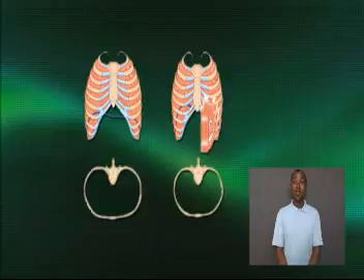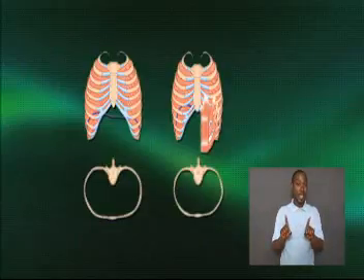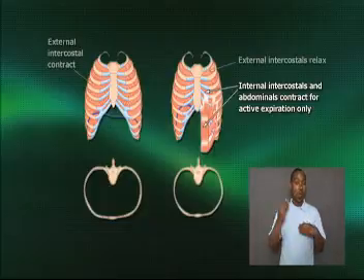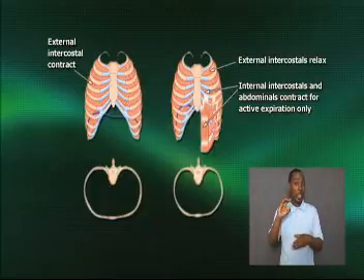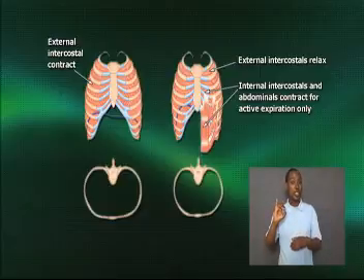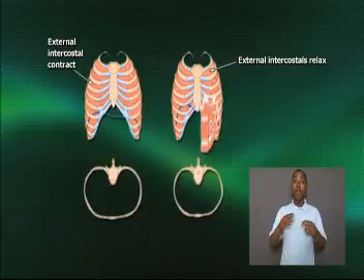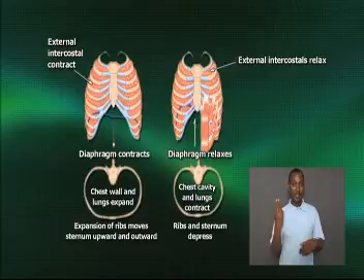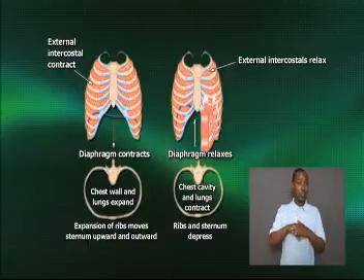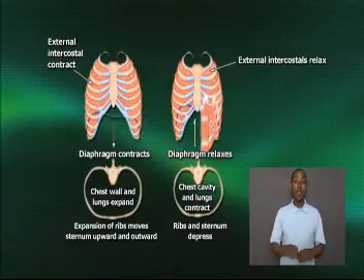There are two sets of intercostal muscles, internal and external intercostal muscles. For normal breathing, only the external intercostal muscles are used. These muscles lift the ribs when inhaling and drop the ribs when the muscles relax during exhaling.